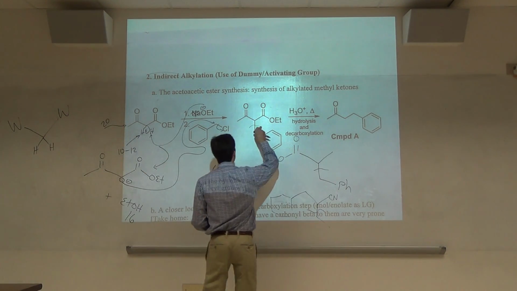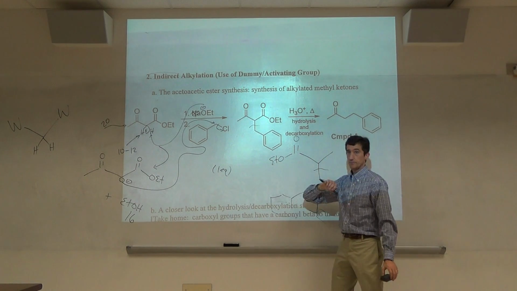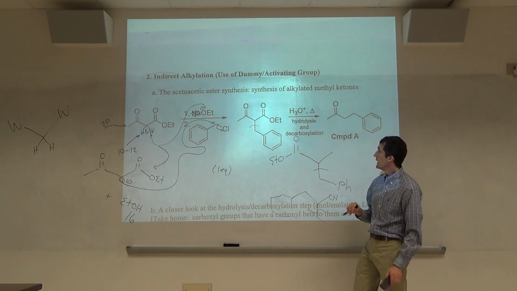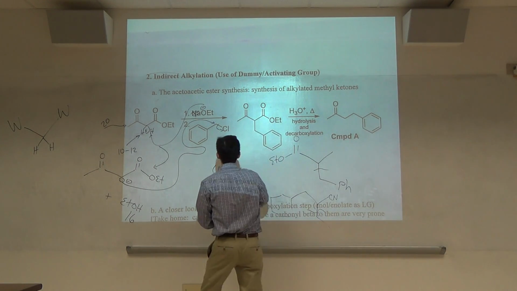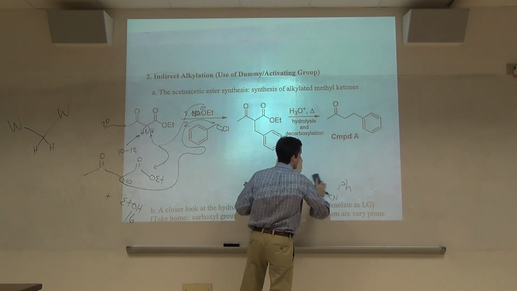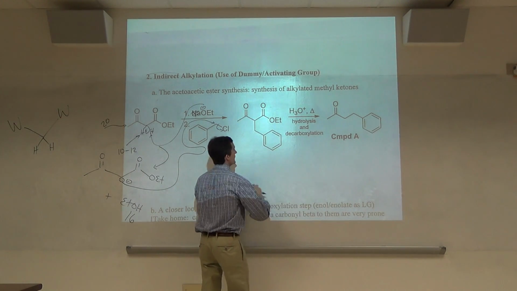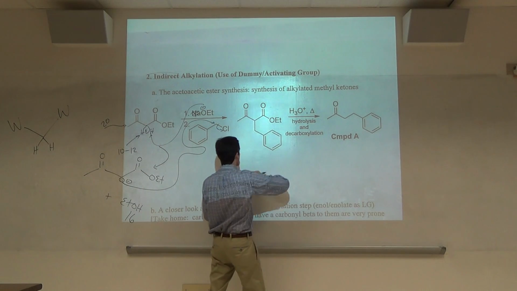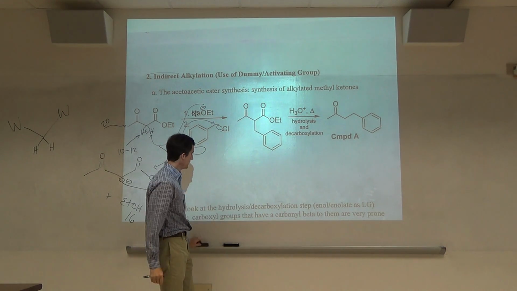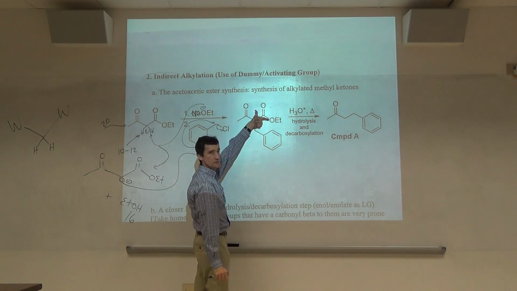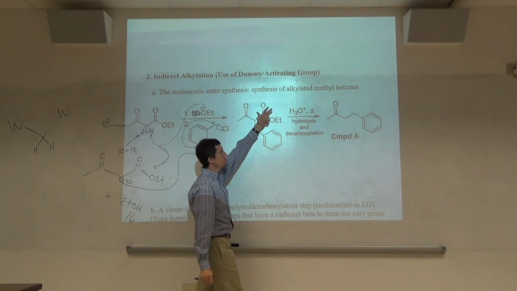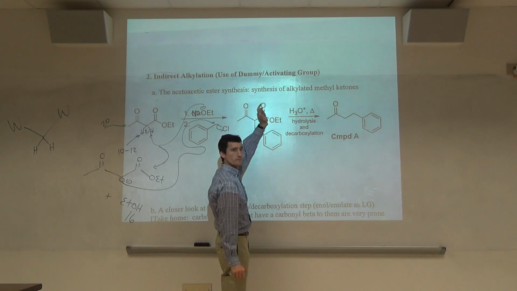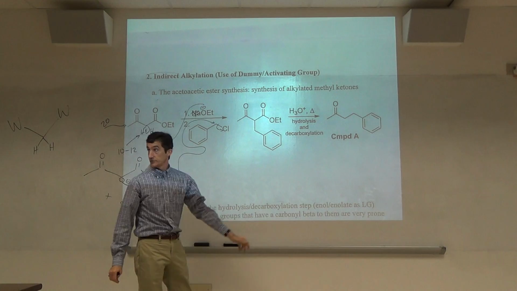But this here is a beta-ketoester. What we can do with this guy is we can treat it with aqueous acid and heat. What's that going to do to this? That's an ester. What happens with esters when you treat them with aqueous acid? Hydrolyzed to the carboxylic acid.